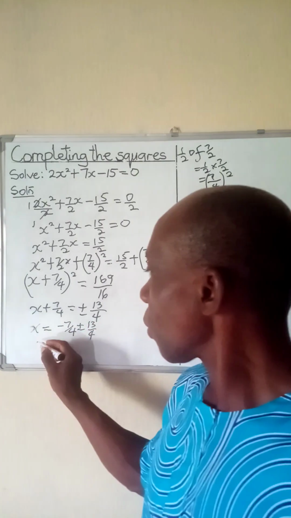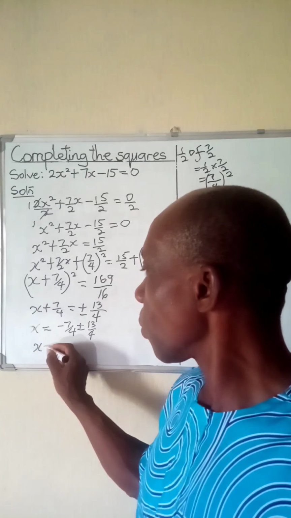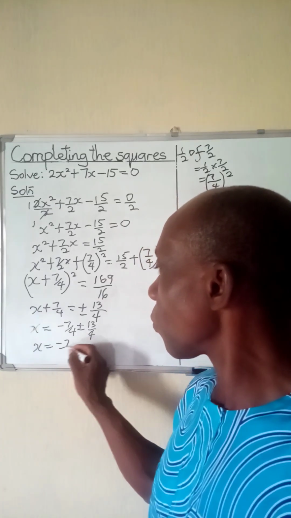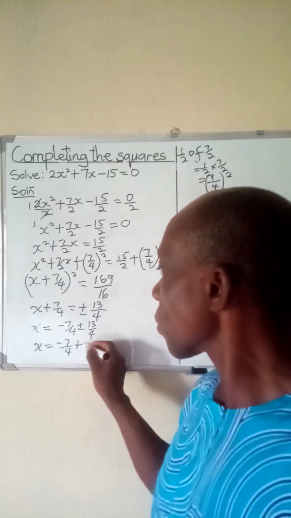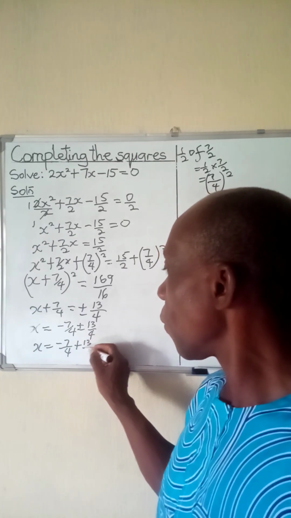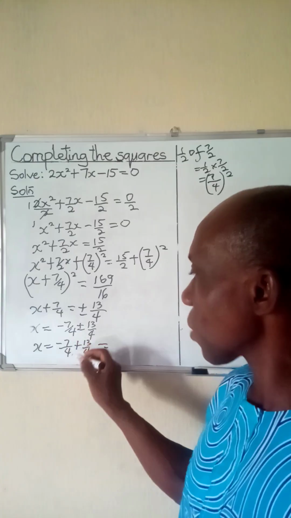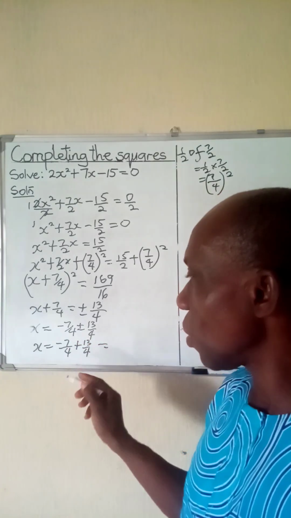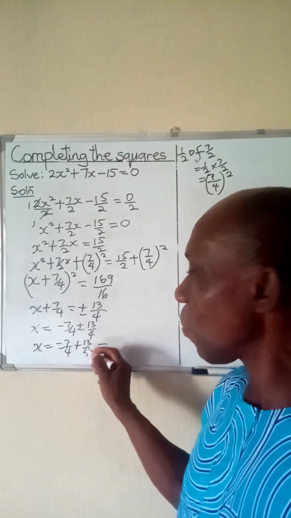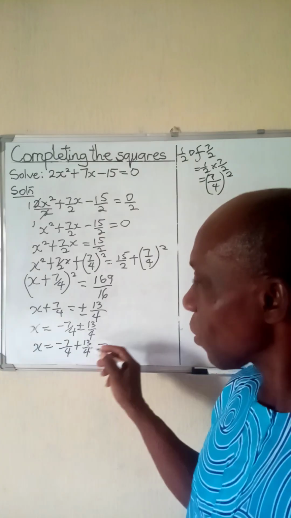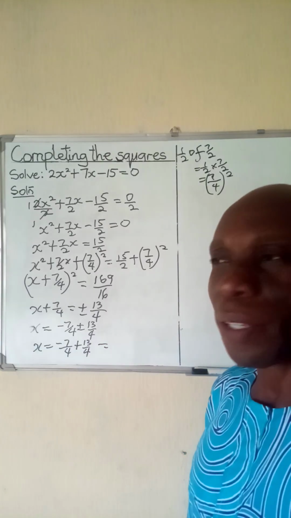For the first case, x will be equal to minus 7 over 4 plus 13 over 4. The denominators are the same, so we don't need to bother. We go ahead: minus 7 plus 13. What would that give you?